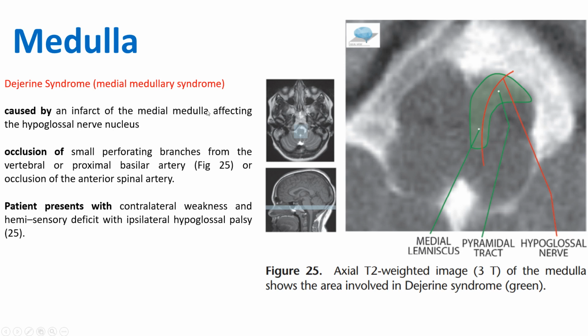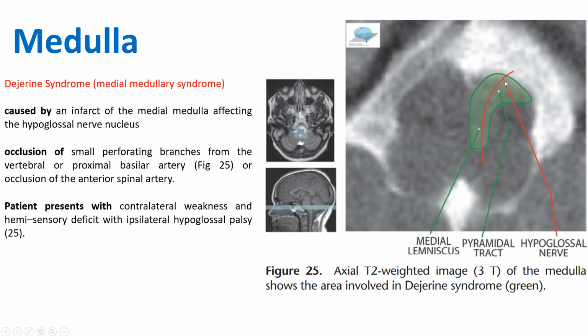The second part is the Dejerine syndrome. The Dejerine syndrome is infarction of the medial medulla, and this is called the medial medullary syndrome. It is due to occlusion of the small perforating branches from the vertebral artery or the proximal basilar artery, or occlusion of the anterior spinal artery, which supplies the anteromedial part of the medulla. The picture is represented by contralateral weakness and hemisensory deficit with ipsilateral hypoglossal nerve palsy.